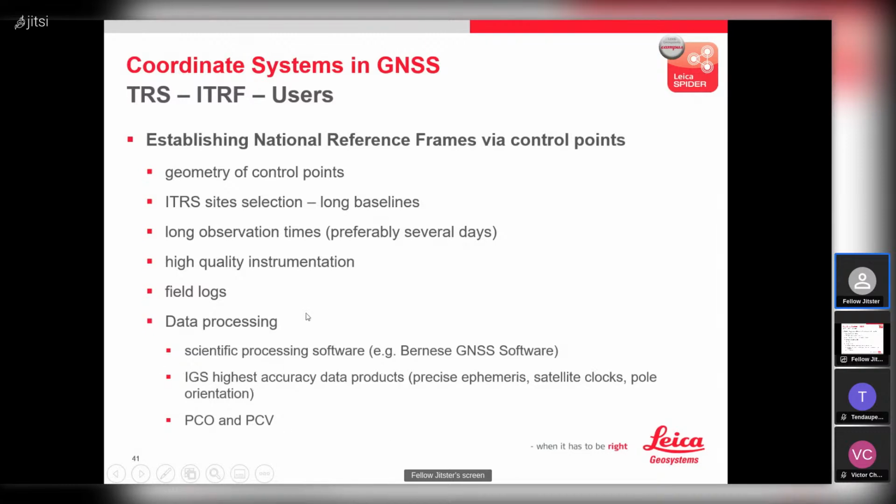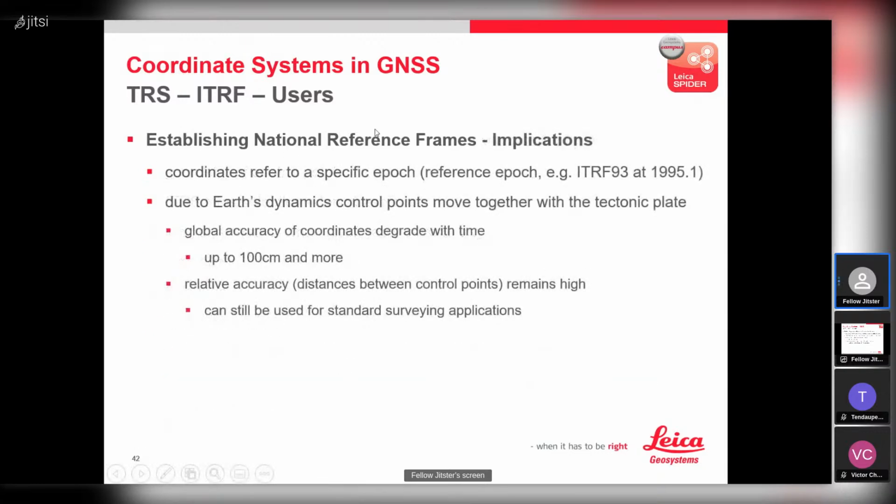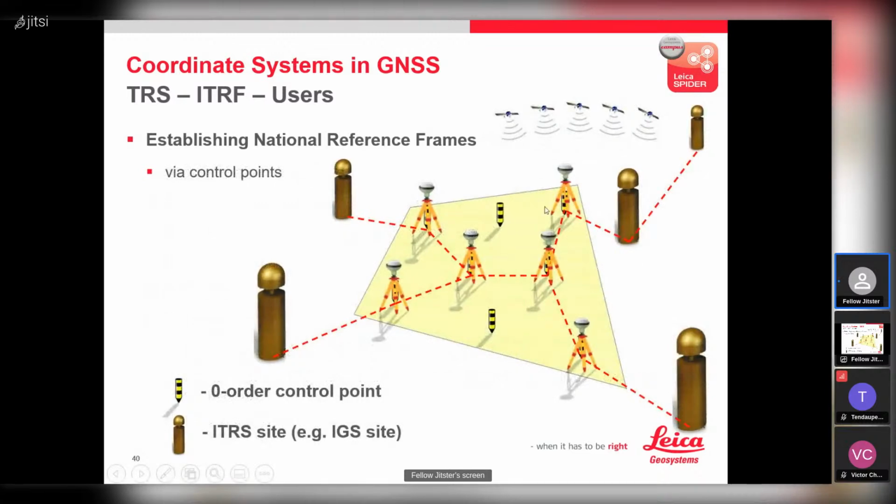And then, obviously, when you do all that, the coordinates will refer to a specific epoch and a specific realization. Let's say ITRF 2014, epoch 2018.49. So although your coordinates will not have velocities, the IGS stations which were used for the computation here have velocities.